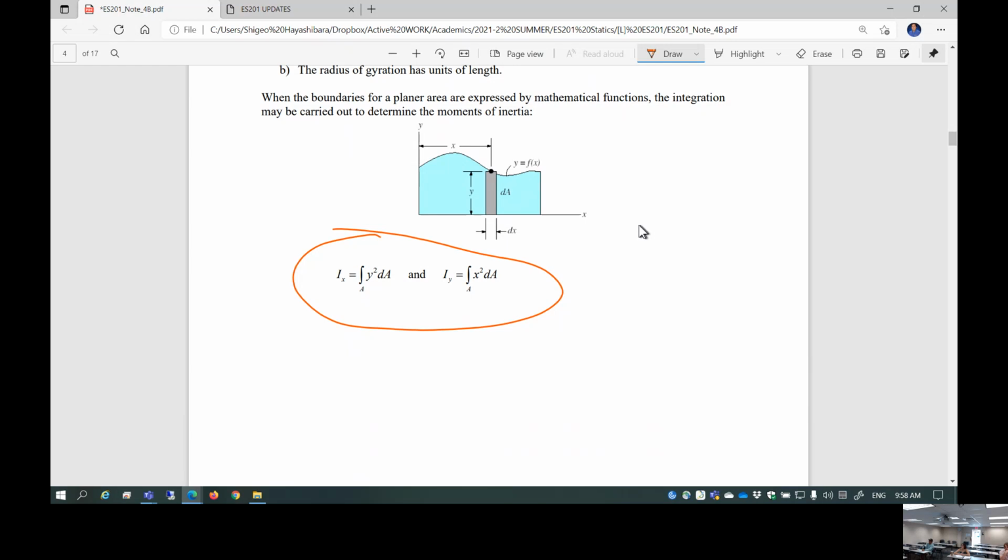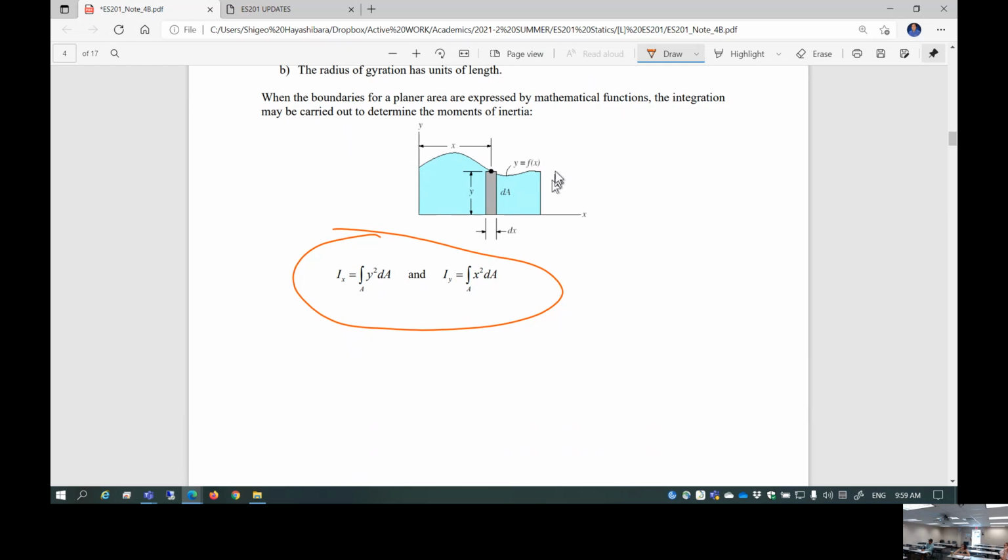dA will be y times dx. dA could be dx times y or dy times x, either way. In other words, moment of inertia Ix is an integral over the area.